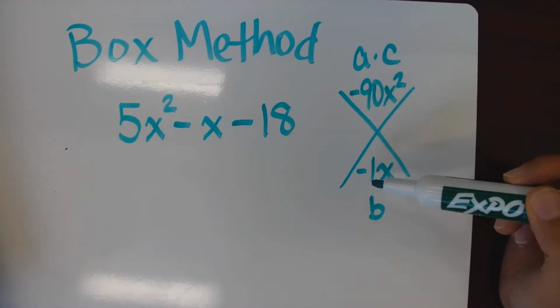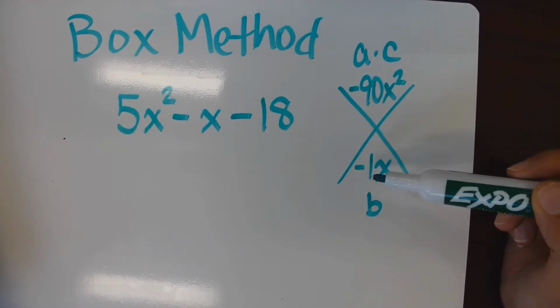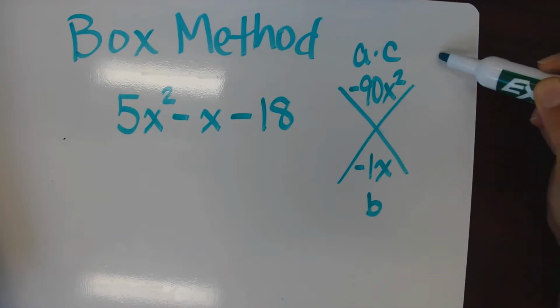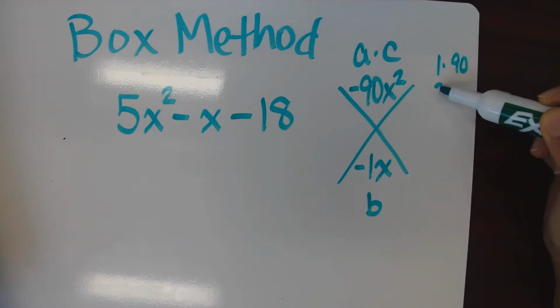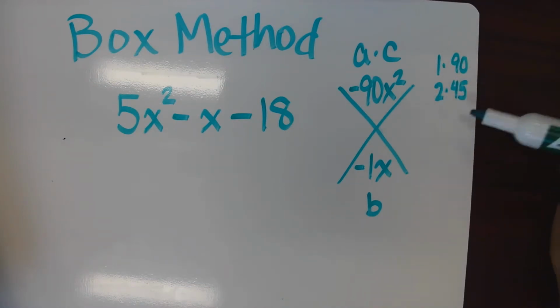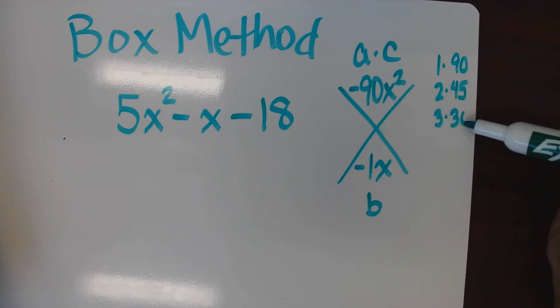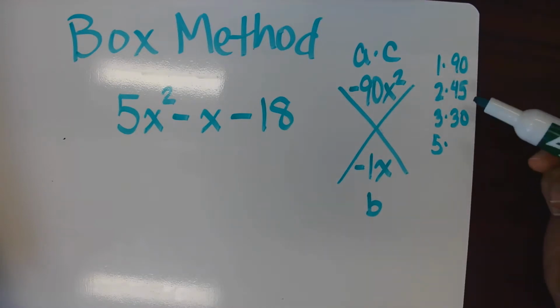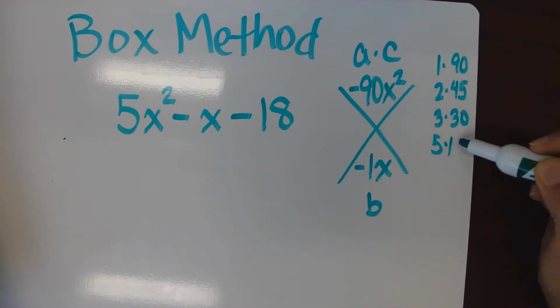give me negative 1. If we have troubles thinking of something, we can make a little list of all my factors of 90. So 1 times 90, 2 times 45, 3 times 30, 5 times, let's see, 18.